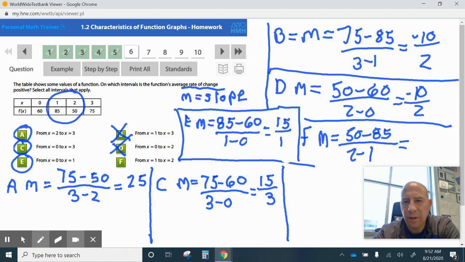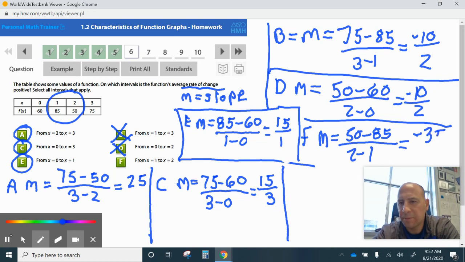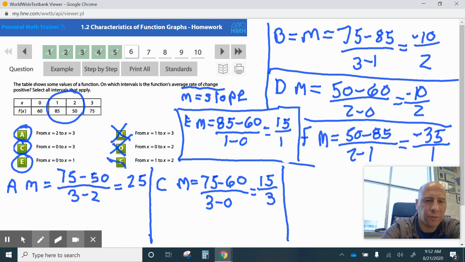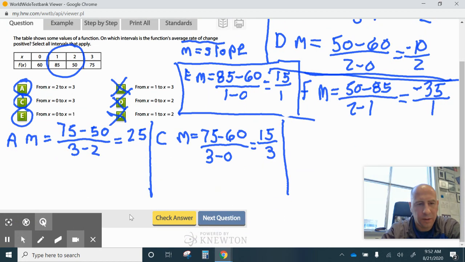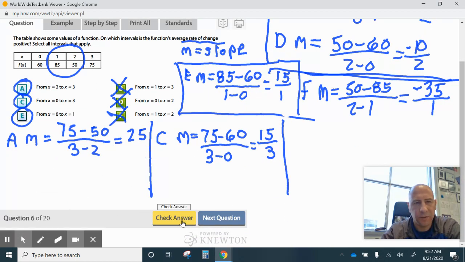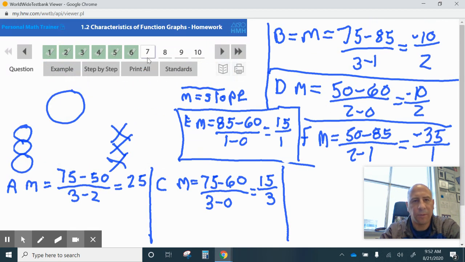Okay. And then that's 50 minus 85 is negative 35 divided by 1. That's negative, so the answer is not F. So the answer choices are A, C, and E. Check answer, that's correct. On to number 7.